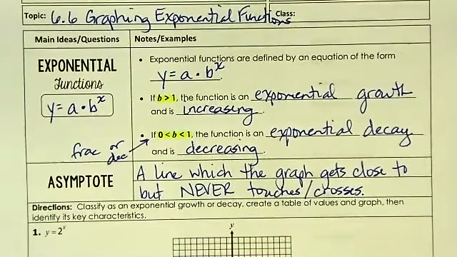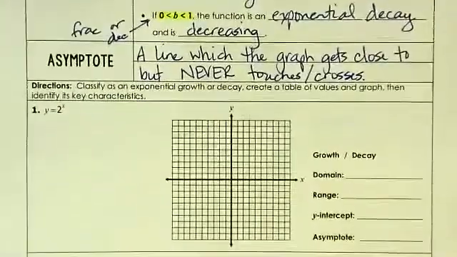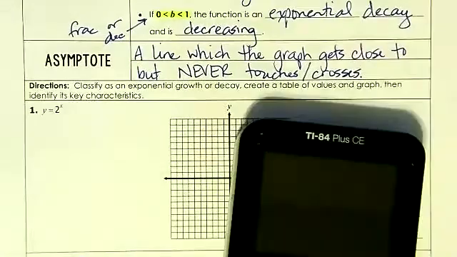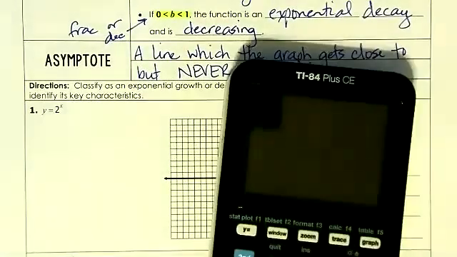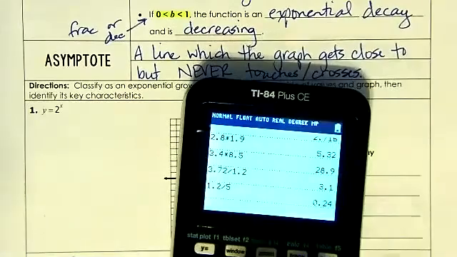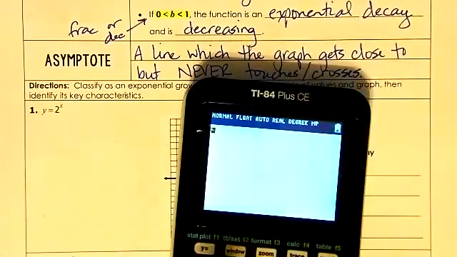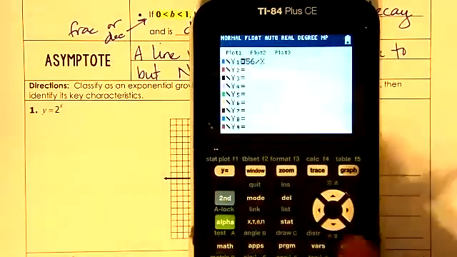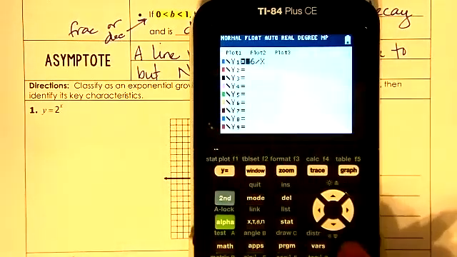Now, you're probably like, what's an exponential function even look like? So we're going to look at number 1 together, and we're going to use our handy dandy calculator. So if you don't have it, go get it or pull out your own. So we're going to clear this, and we're going to go to the y equals, clear whatever is in the y equals spot.